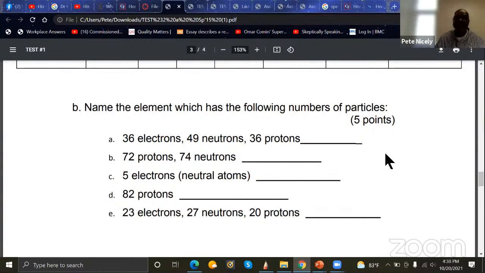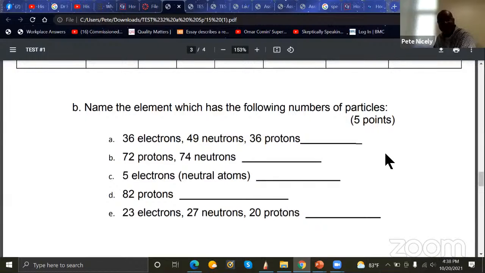The next one says 72 protons and 74 neutrons. So again, we go by the number of protons, right? So which element has 72 protons? Hafnium, very good.